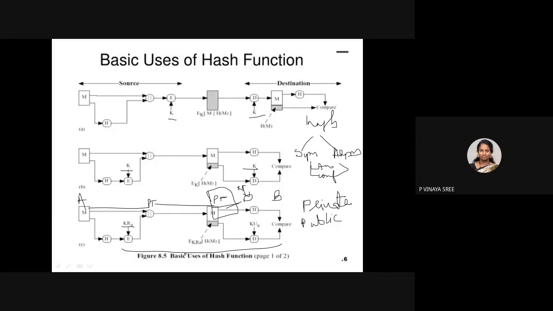If it is encrypted with the private key of A, it has to be decrypted with which key? You are seeing, no? What is this key? The receiver is decrypting with which key?